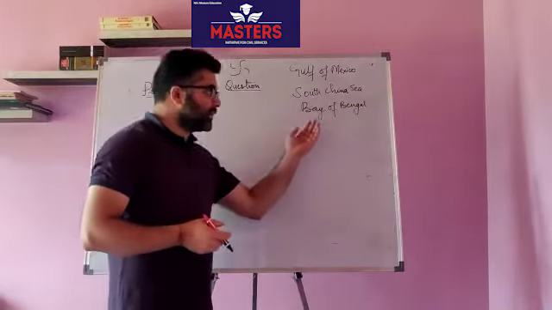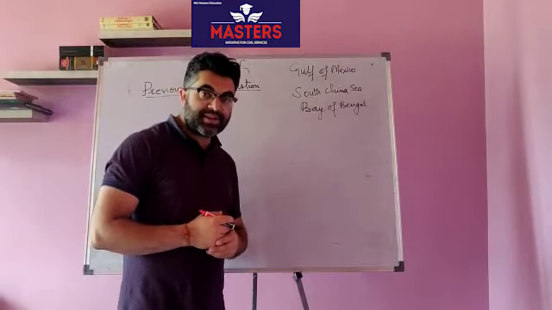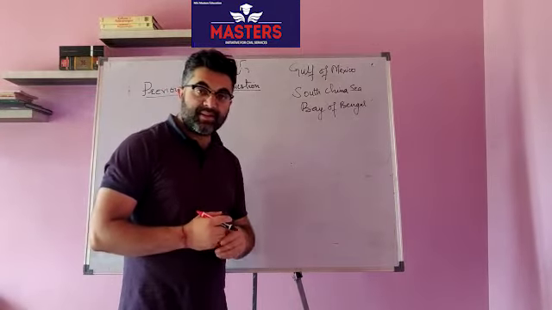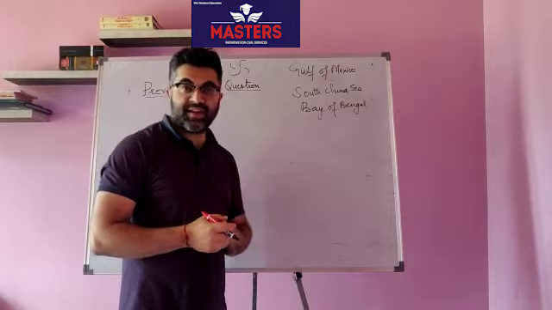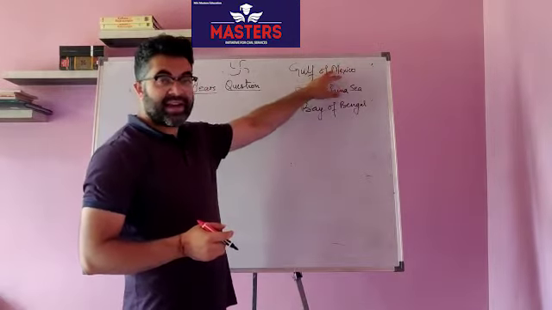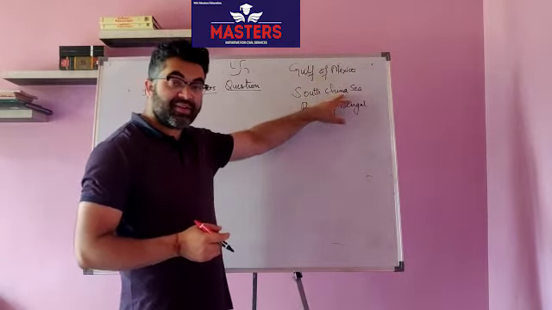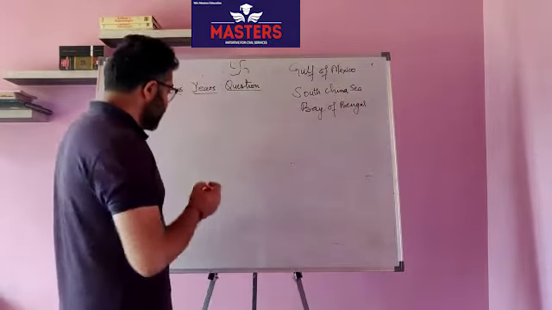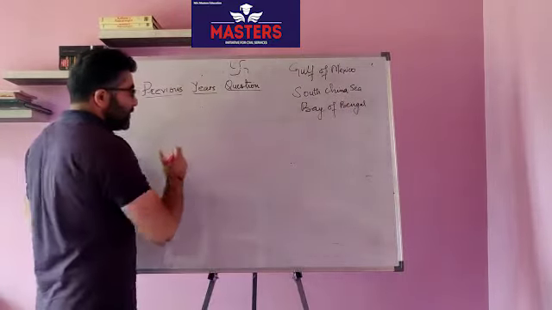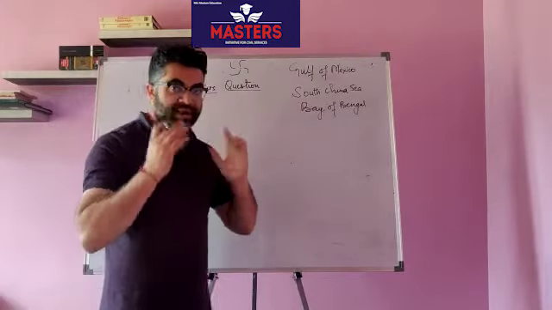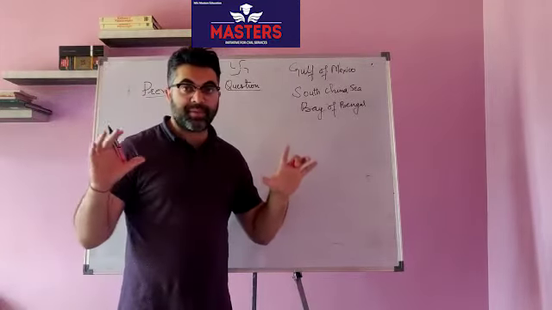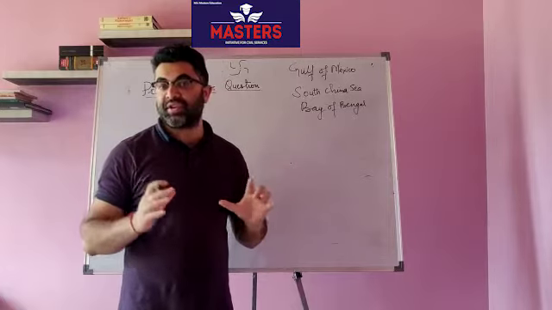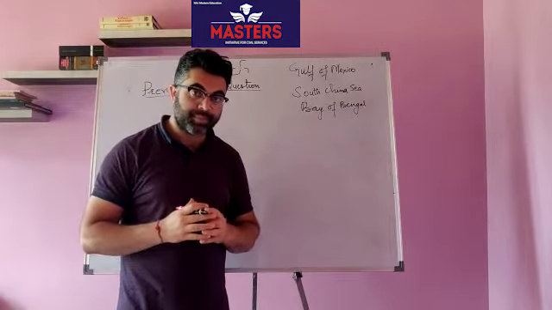Now, go back to the previous discussion where we had mentioned these 3 water bodies specifically. One is a part of Atlantic Ocean, another is a part of Pacific Ocean, third is a part of Indian Ocean. So, first of all, when you get a question like this, the first thing that should come to your mind is a clear map. You should be clear with the location of these water bodies.